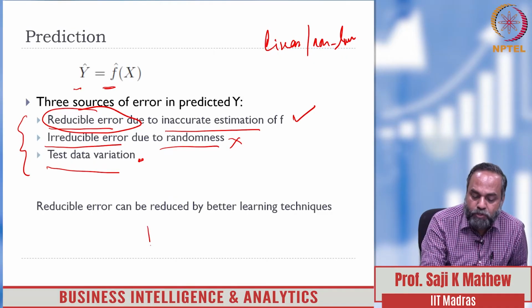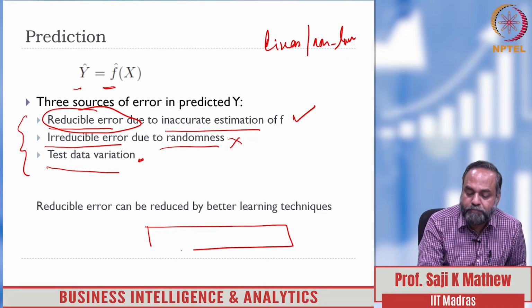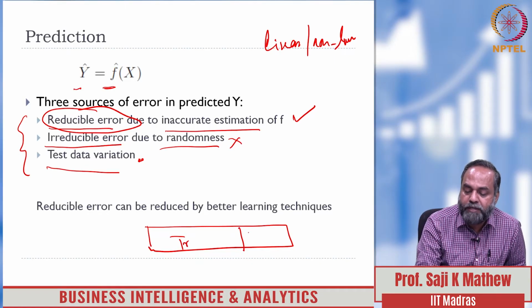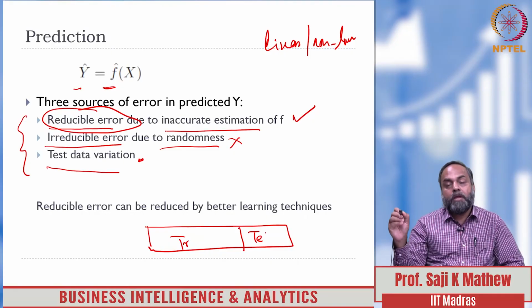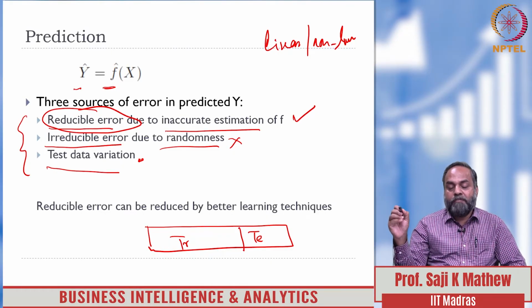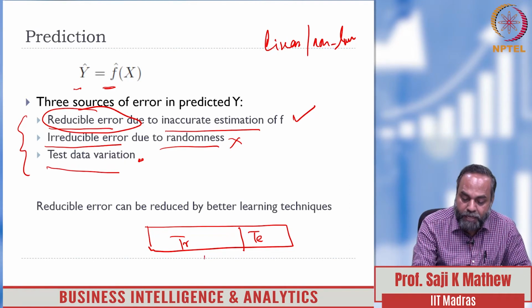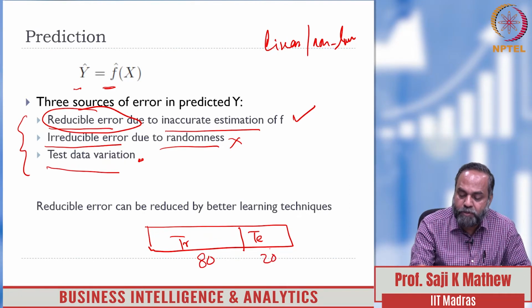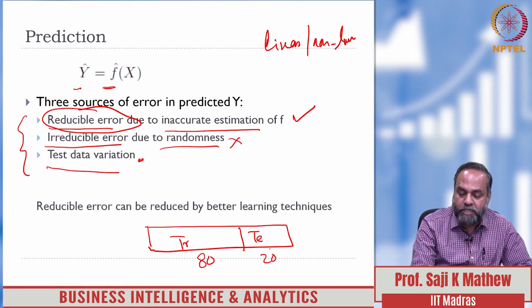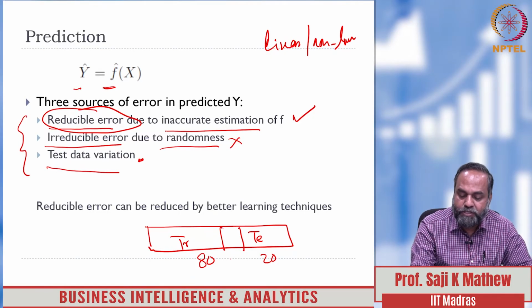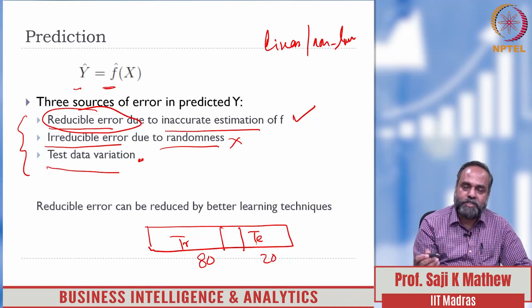I explained to you, you partition the data into training data and test data. Now, this is one way. How do I do the partitioning? I can simply say my 80% is training data, my 20% is test data. Somebody else would say my 70% is training data, my 30% is test data.